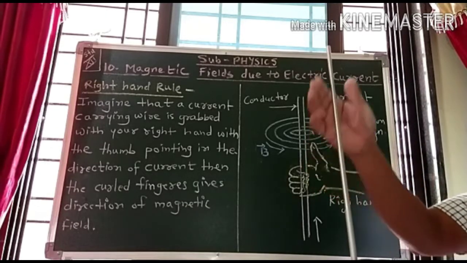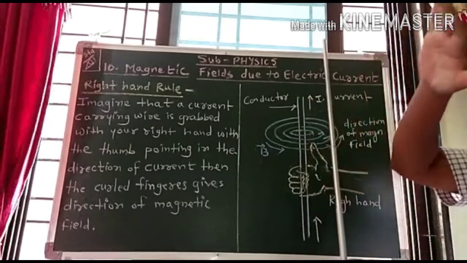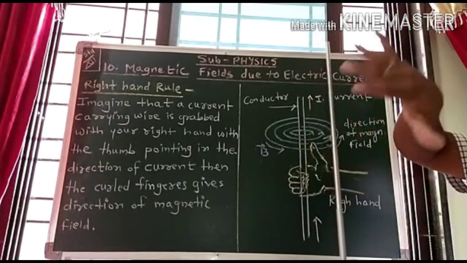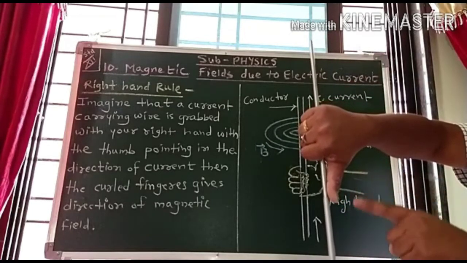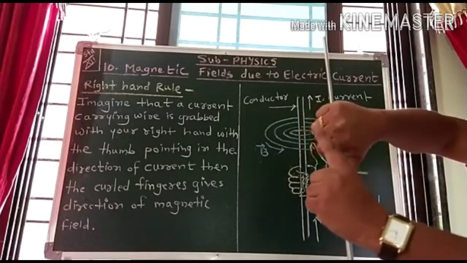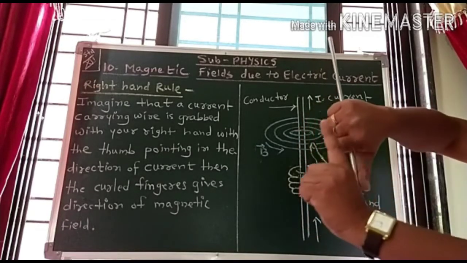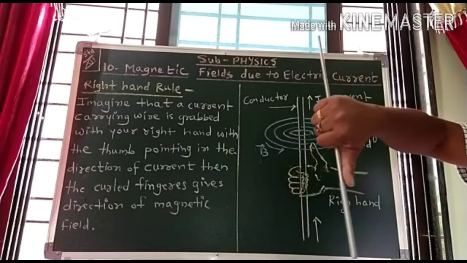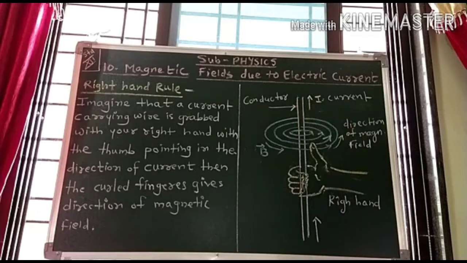Now what will happen when the current is passing in the downward direction? Hold the conductor in your right hand so that the thumb points downward in the direction of current, and then the curled fingers are in the clockwise direction, that is, the magnetic field is produced in the clockwise direction. This is nothing but the right hand rule.